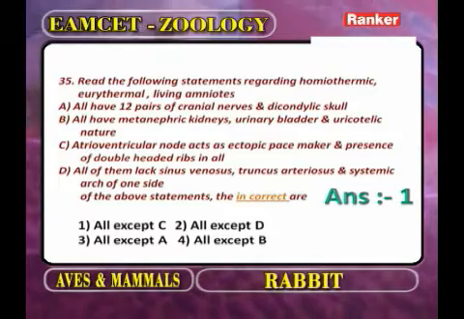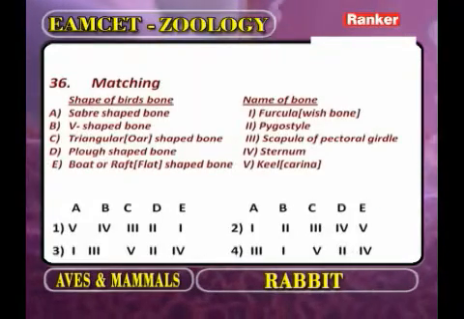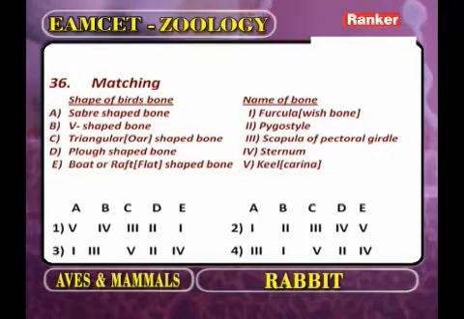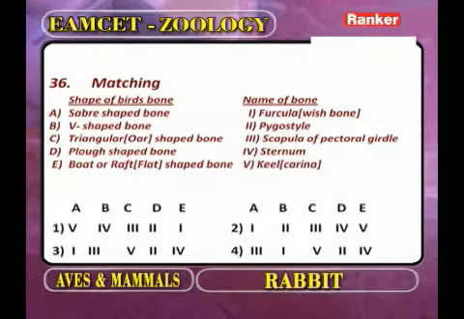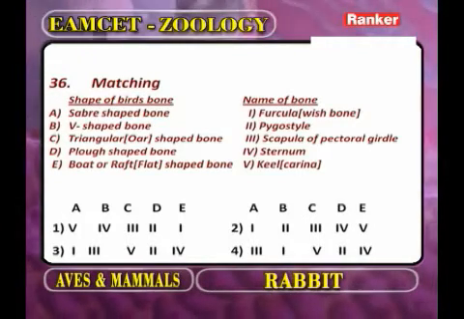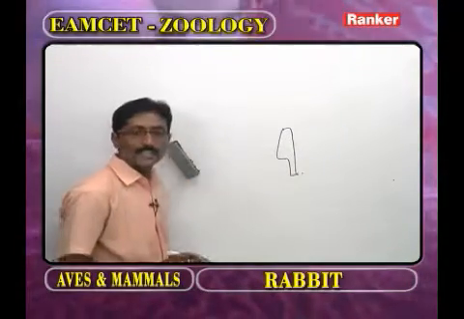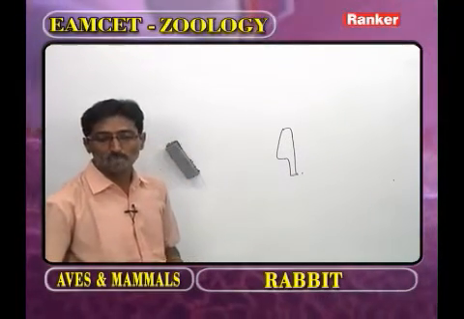Regarding the matching, shape of the bird's bone: sabre-shaped bone. What is the sabre-shaped bone? In the meat shop, we use this type of knife. That is the shape of the sabre-shaped bone, V-shaped bone. The clavicles are united to form the V-shaped bone.